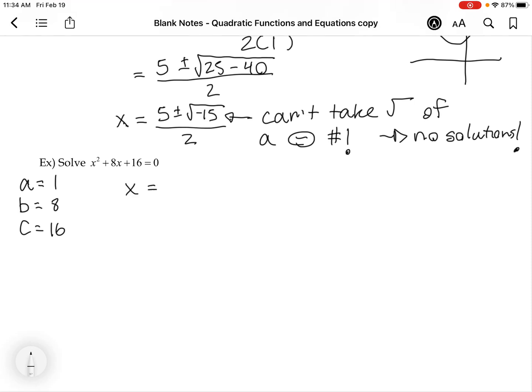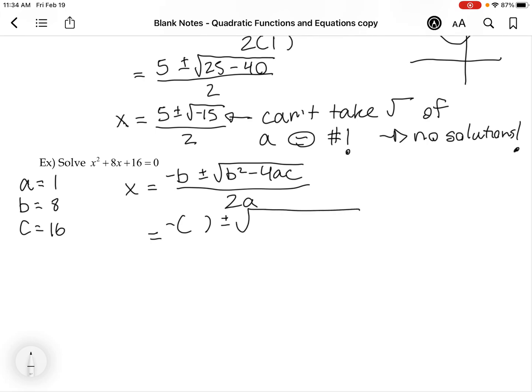And write out our quadratic formula, x equals minus b, plus or minus the square root of b squared minus 4ac, all over 2a. And do some substitutions here. Whoops, 2a, there we go.